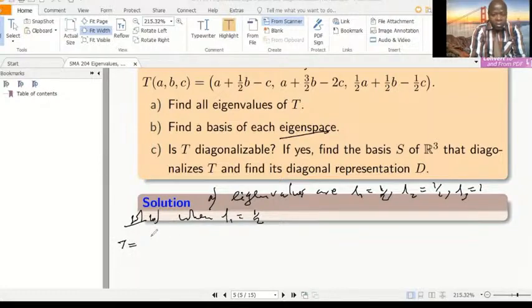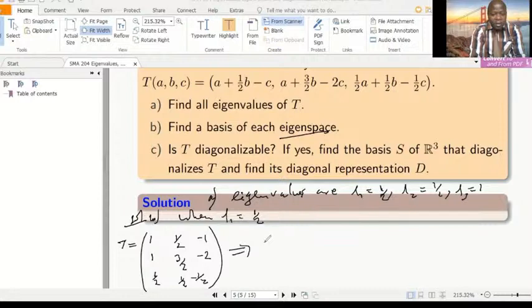T was 1, a half, negative 1, then 1, 3 out of 2, negative 2, then a half, and negative a half. Now, I want to subtract a half from the leading diagonal.